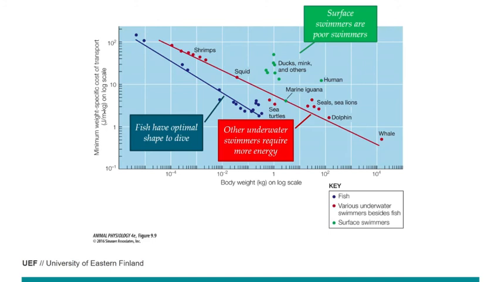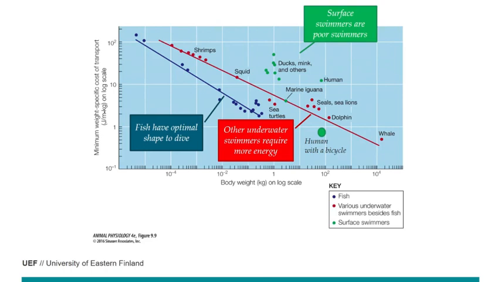So it depends quite a lot on the shape or anatomy of the animal whether they are using a lot of energy or less energy. If we compare the human, which is a very bad swimmer, to have the same speed as the fish, we should have quite much the same energy consumption as we are using when we are driving a bicycle.